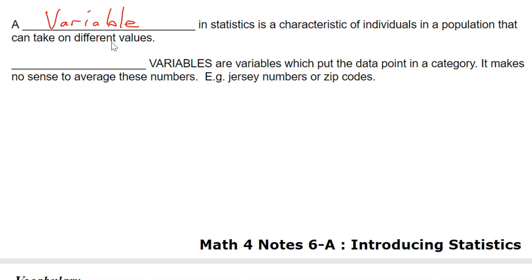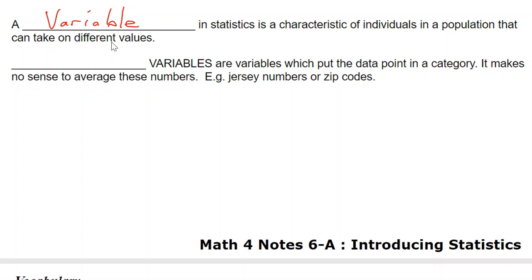Population: if I decided I want to find out the favorite ice cream flavor of all the students at Enlow, the entire student population would be the population. Population represents everybody that you are looking at. And a sample is just some cluster, some group out of that. Like if I went to the 1200 hall and did a survey on favorite ice cream, it would be a sample out of the whole population.